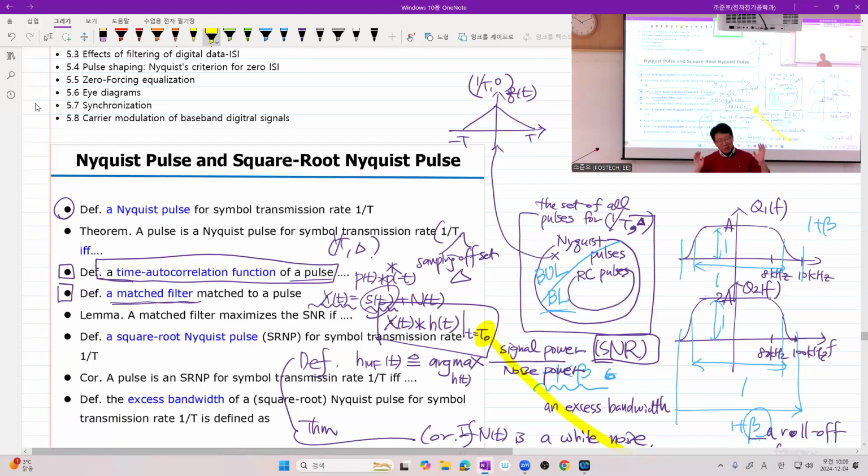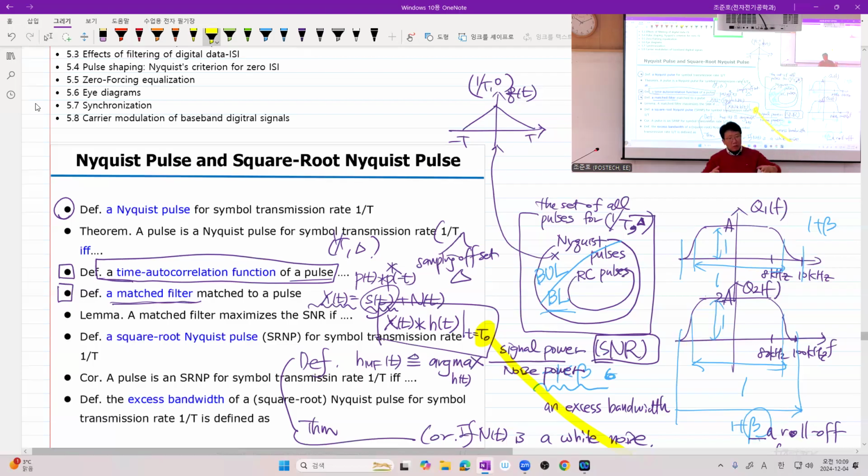However, if the channel is not just adding white noise, it may introduce multipath phenomena. In that case, the use of a square root Nyquist pulse in the transmitter and receiver is not always optimal. That's the problem. However, the best scenario in wireless communications is the case where you have a line of sight link, which means that your received signal is highly likely a scaled, delayed version of the transmitted signal plus some noise.